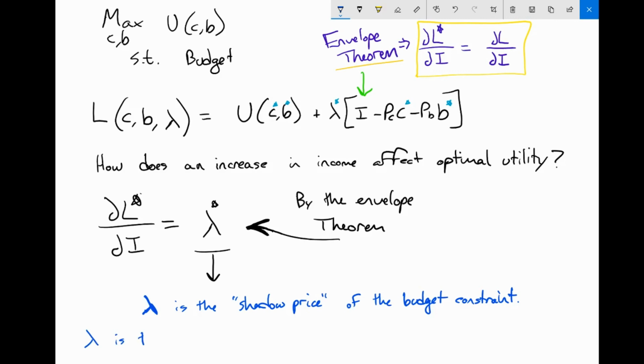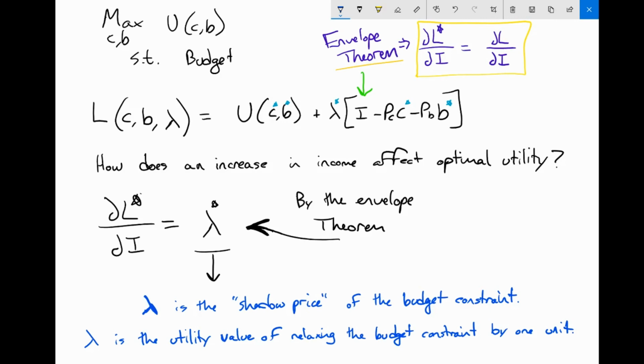Lambda is the utility value of relaxing the budget constraint by 1 unit. Lambda gives us the utility value of an increase in income.